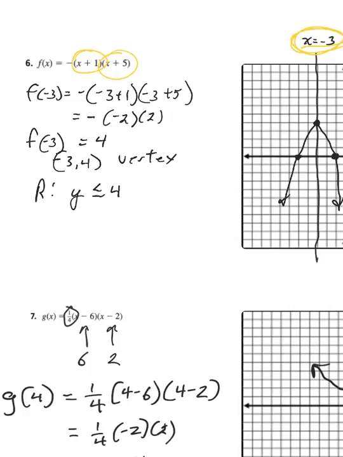So we're going to take that -3, which is also the x coordinate of the vertex, and plug it in. And if we do our math right, we end up with f of -3 equals 4. Therefore, -3, 4 is the vertex. From there, we can see that it's a max. And if it's a max, then the graph is going down, so we write the range as y is less than or equal to 4.